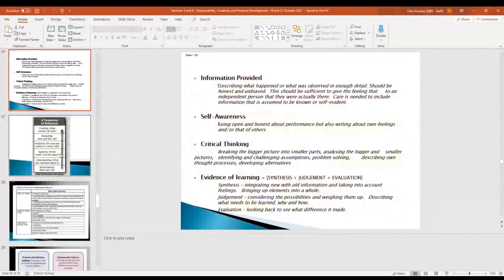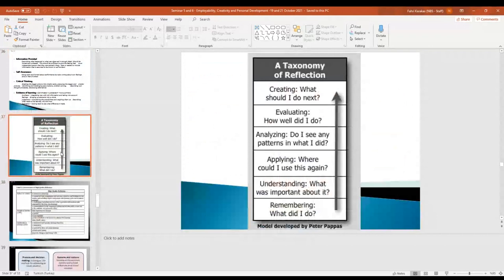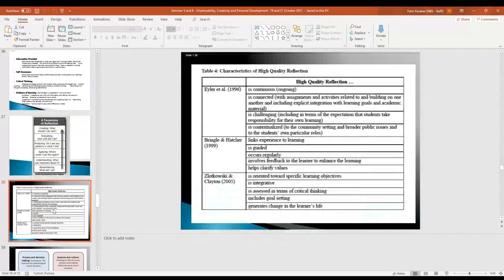So I have included some slides on how to increase the quality of your reflection. How do you achieve high quality reflection? Make sure you check them.